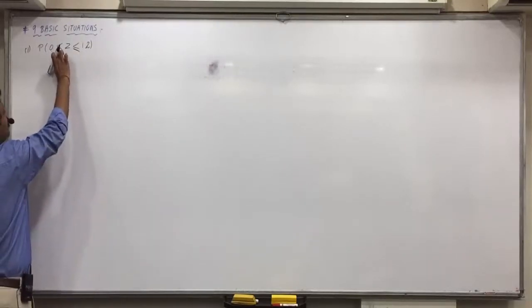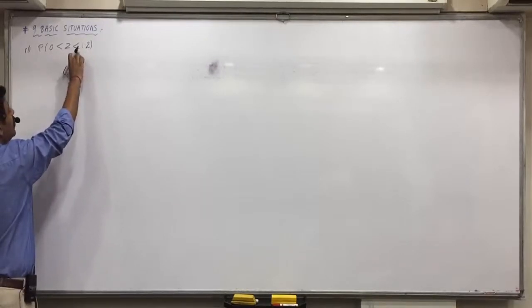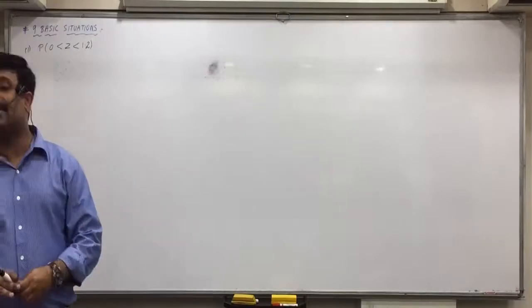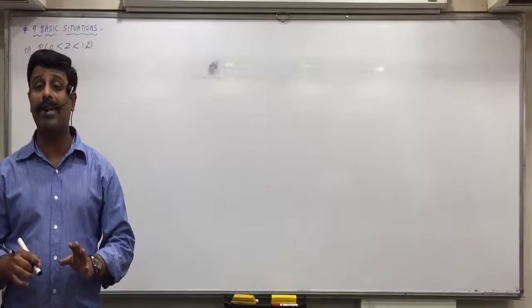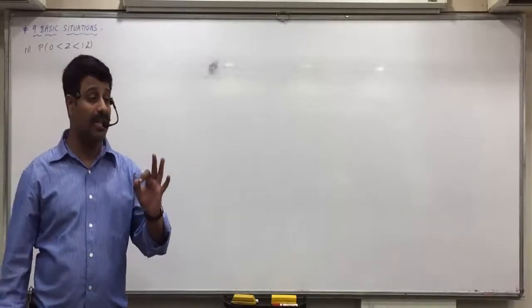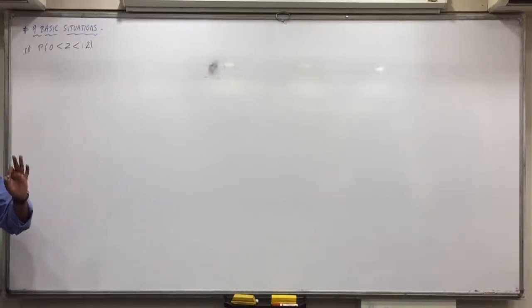Whether you write the equal to or not does not make any difference. The reason I told you yesterday is that in this chapter we don't find probabilities of fixed values. We always find probability between an interval.